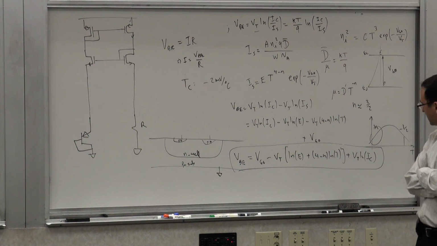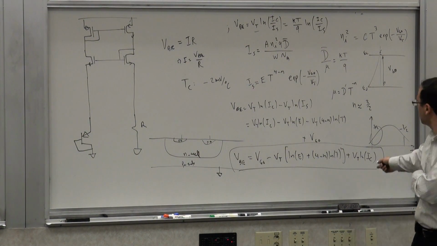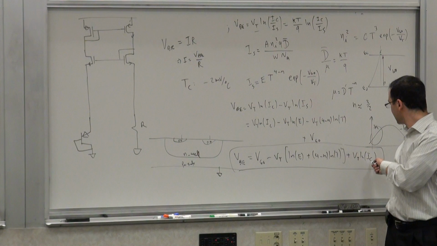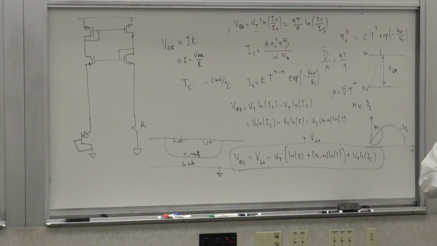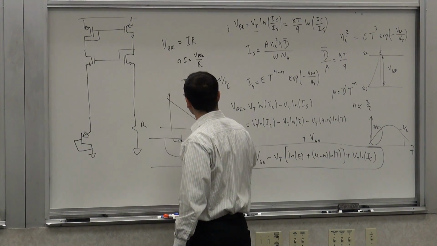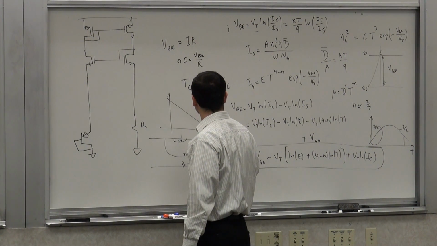Well, what do you mean it depends on the temperature? If this current is not huge, this current has to be huge to overwhelm this. This current has to be like hundreds of amps to overwhelm that. But other than that, all the remaining terms have a negative coefficient. And that's why VBE is inversely proportional to temperature.